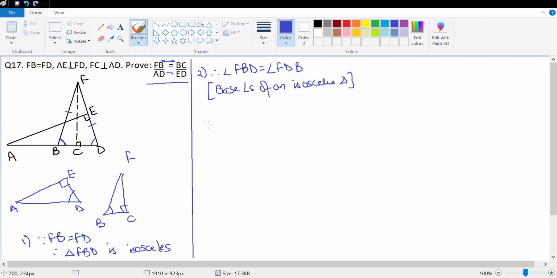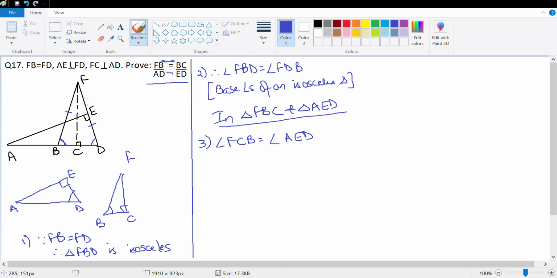Done. Now let's try and prove the two triangles similar, triangle FBC and triangle AED. We wrote FBC first, so let's write the angles from FBC. Angle FCB is equal to angle AED.